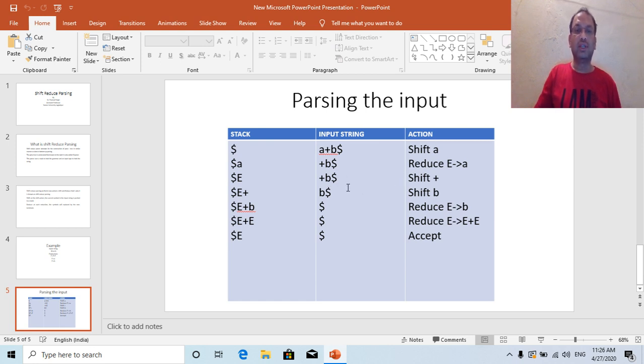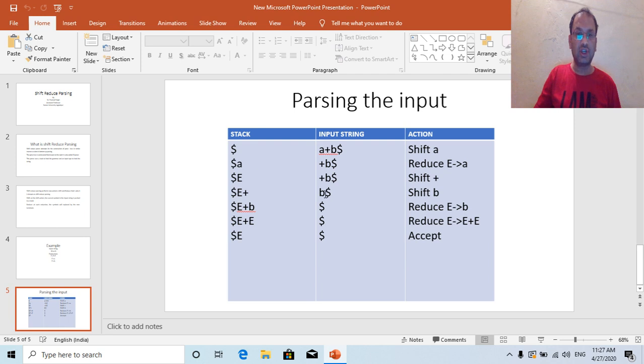Then the scanner head is on the plus symbol, and it is an operator symbol. So the plus will be shifted on the stack. Now the input string will be b dollar, and the action is here.